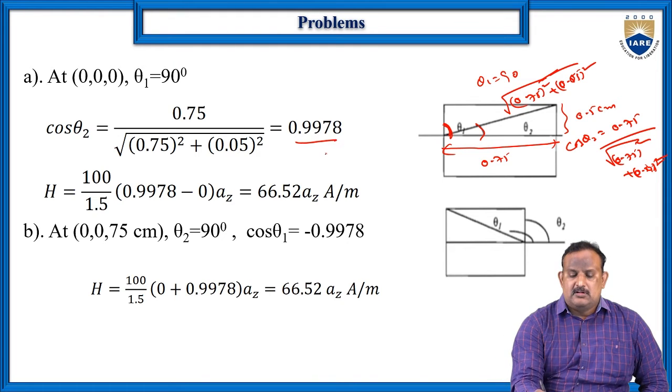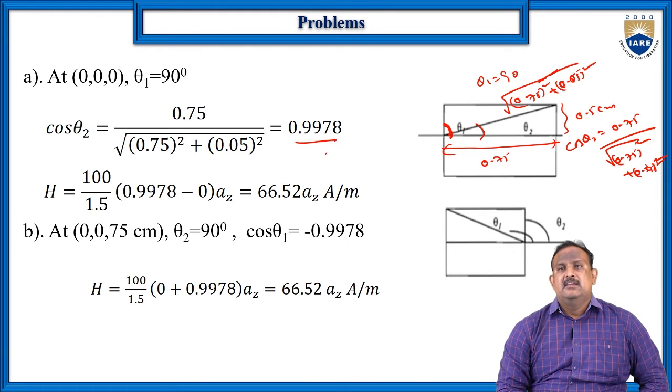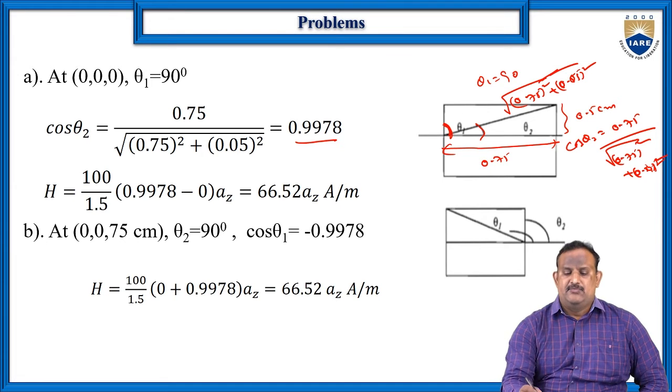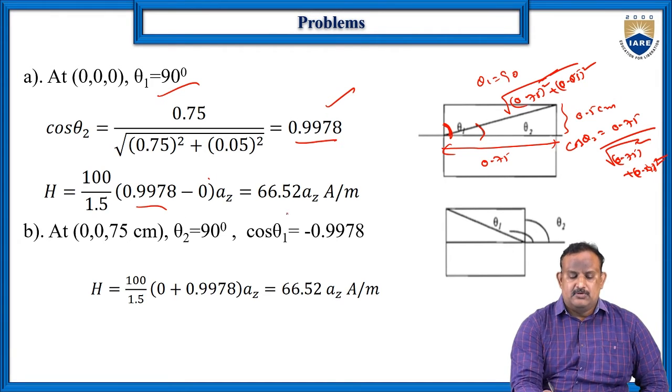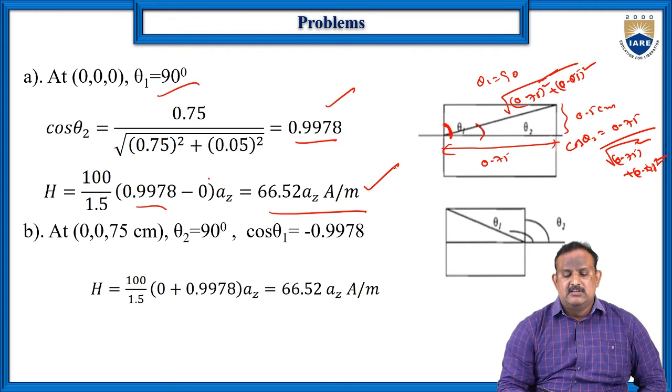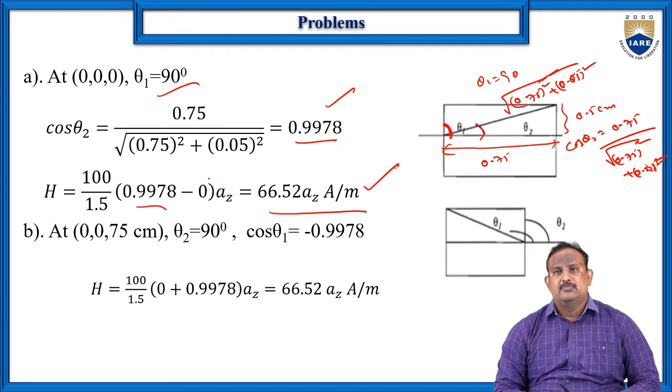The value of cos theta 2 is 0.9978. Substituting theta 1 and theta 2 into the equation, cos 90 is 0. Therefore, the magnetic field intensity is 66.52 Az, because it is along the Z direction.